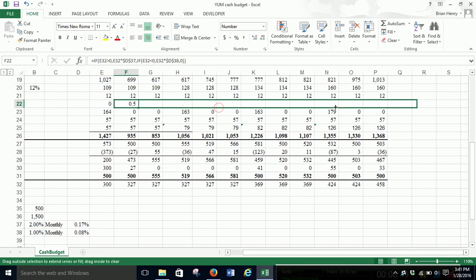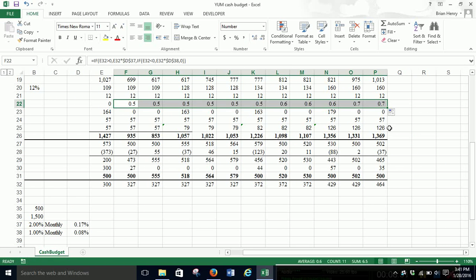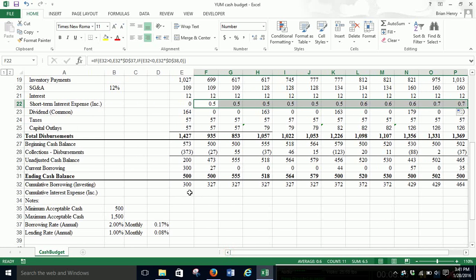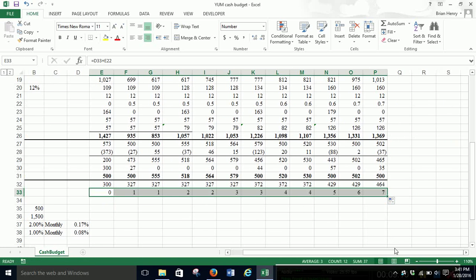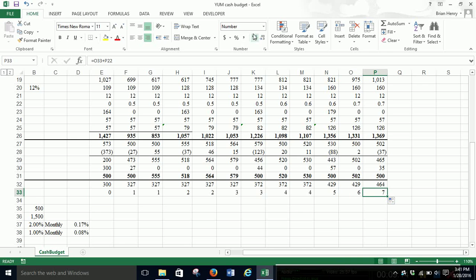And then cumulative interest expense, if we want to look at how much interest we're going to accumulate, we can just look at previous amount plus current amount of interest. So we can just run that over like that, and then it'll tell us how much we paid total in interest by the end of the year. So $6.5 million. All right.